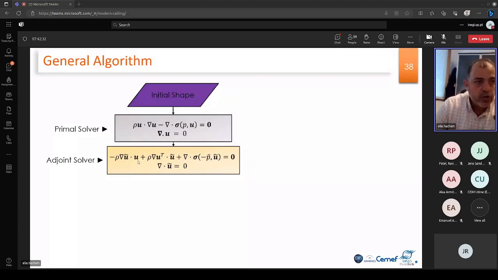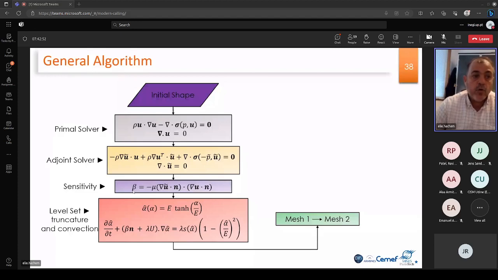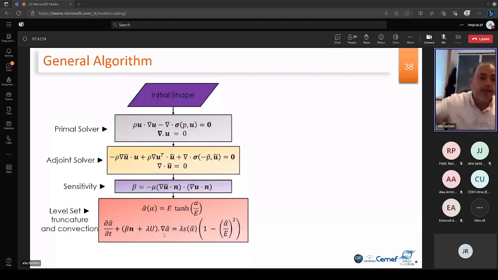Once you have these unknowns, you need the velocity and the adjoint velocity, you can construct your sensitivity, or the parameters that you modify every time, and by miracle you can use the level set, or the transport of your interface, by using this beta as a convective function in your level set.